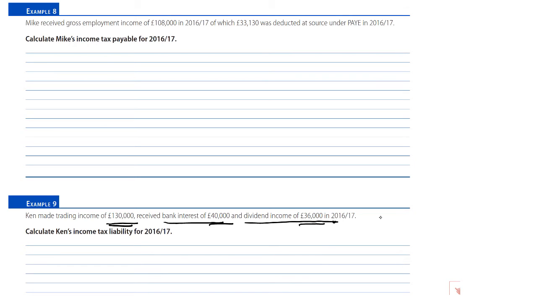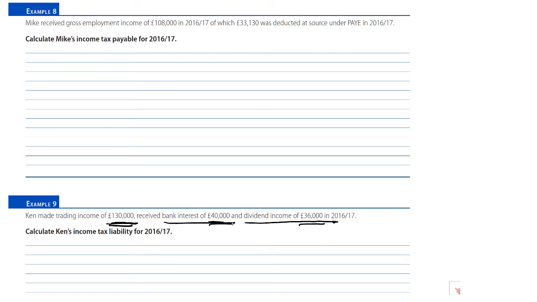And then the dividend income, well, it doesn't matter what level of taxpayer you are, the first £5,000 is taxed at the dividend income nil rate, nil, and the balance of it, well, that depends what band of income you're now in. Having taxed 130, having taxed another 40, we're up to 170, clearly in excess of £150,000, and therefore we're an additional rate taxpayer.